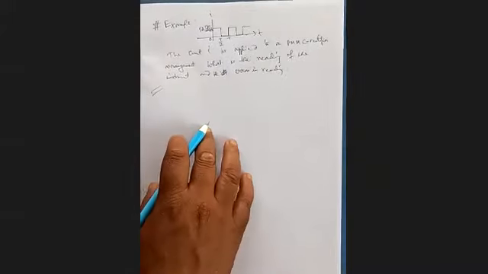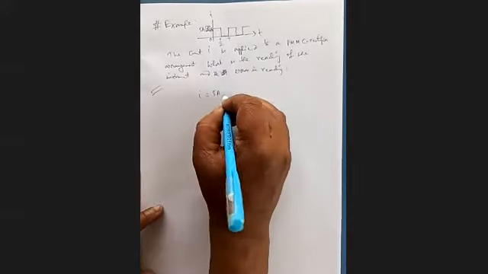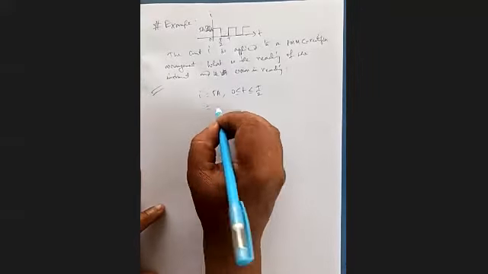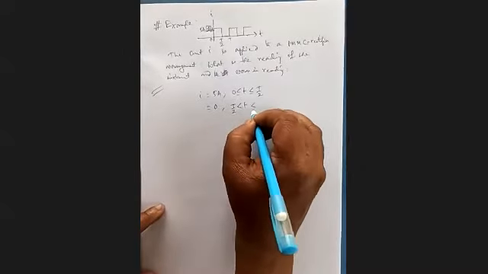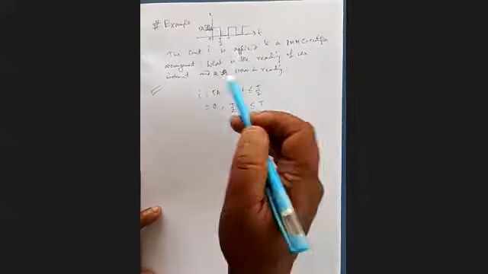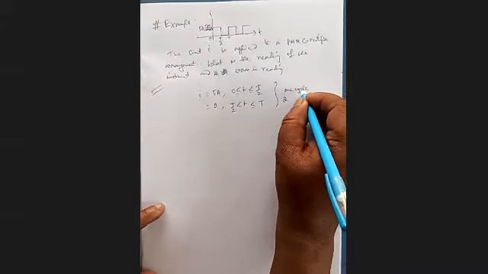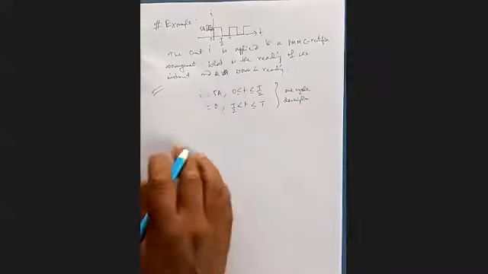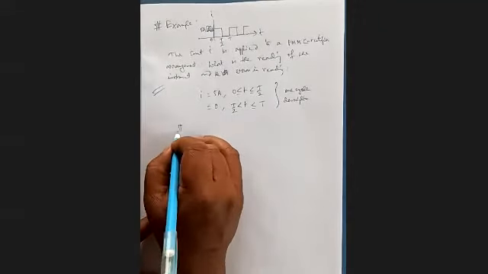Now let's find out. First we find out the equation of that. I equal to 5 ampere when t is between 0 and T by 2, and it is equal to 0 when t is between T by 2 and capital T. That is the one cycle description of the waveform. So what is the I average?